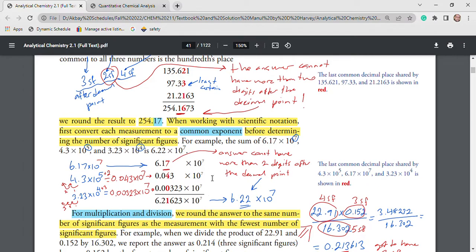We keep one common exponential part, and because we cannot have more than 2 digits after the decimal point, the 1 here is the last digit we can keep. But because we got 6 after that number, we round it up. So your answer is 6.22 times 10 to the 7th.